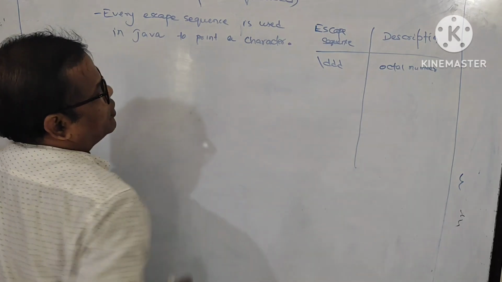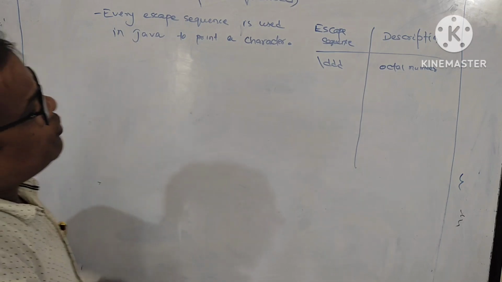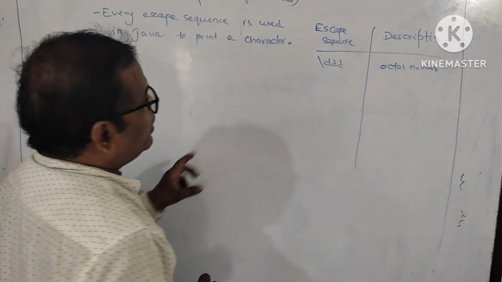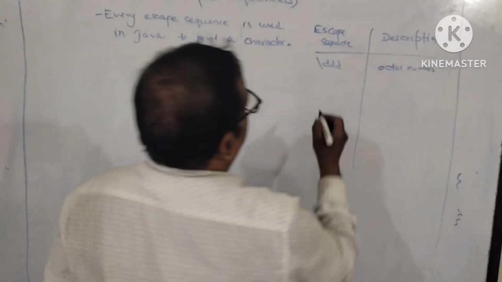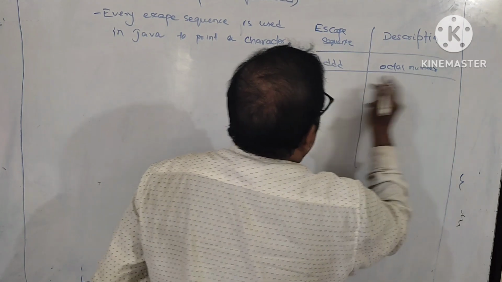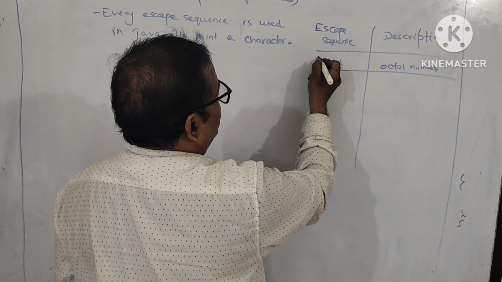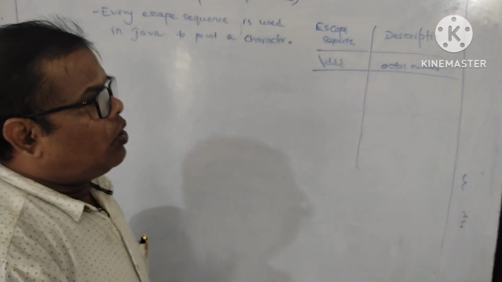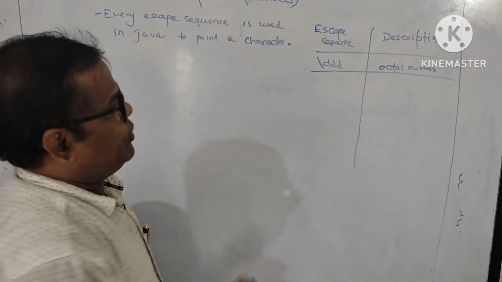This is the most important thing. You may use different escape sequences to print characters. What type of characters are we dealing with here? This is called an octal number. Backslash with 3D, where D stands for a digit of the octal, any digit from 0 to 7.